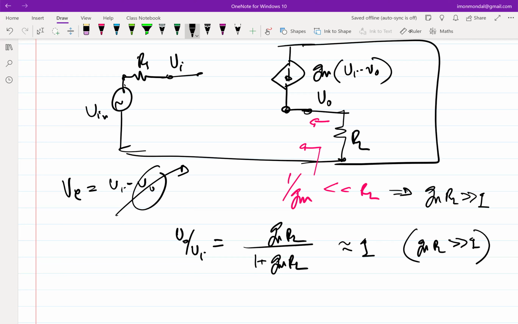Then you should be able to design a voltage controlled voltage source with an incremental gain of unity. Okay, fine. Any questions till now?